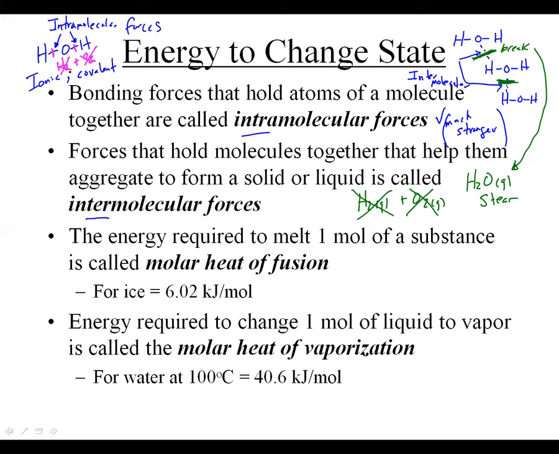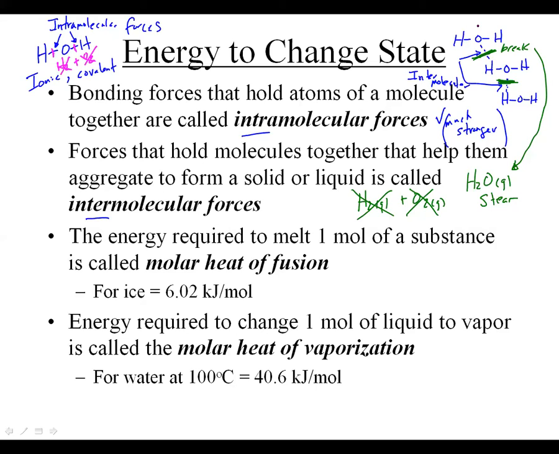And that would be bad. Basically, all the molecules would fall apart, and you'd have alphabet soup. All the hydrogen would fall off, all the oxygens would fall off. And that does not happen when you heat something like water. So intermolecular forces, and we're going to talk about different types of intermolecular forces a little bit later on in this chapter, are weaker than any intramolecular force.